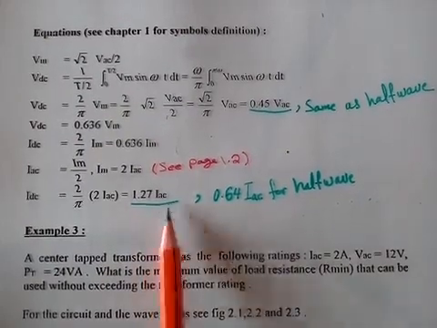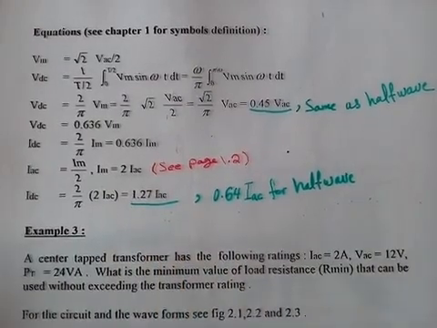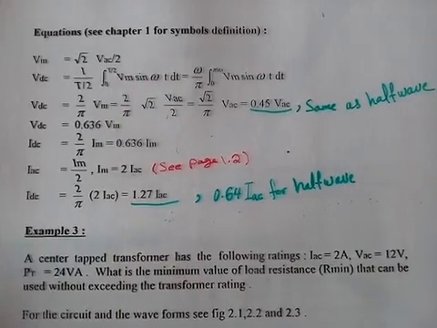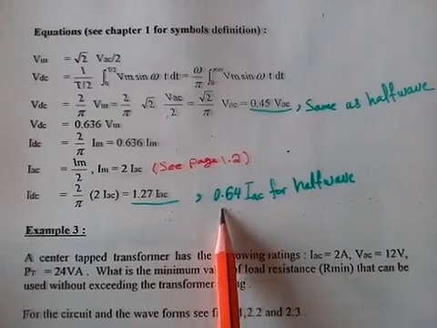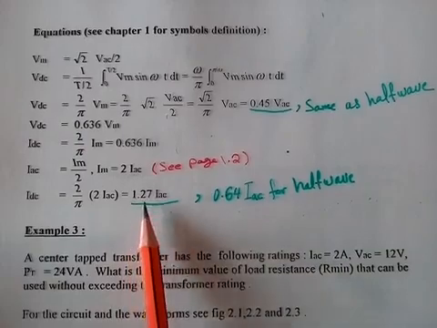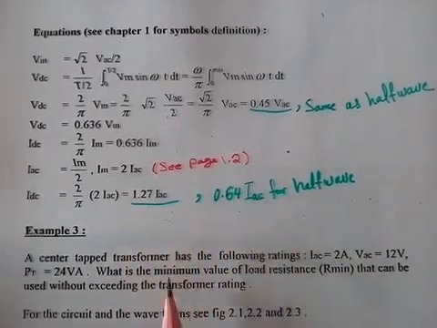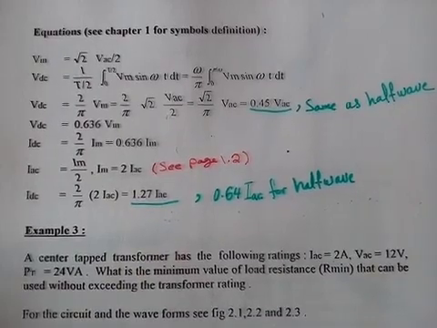And this is a high current, by the way. That's the merit of this type of power supply, that you are allowed to have much current through the load. Where what we have for the half-wave rectifier was only 0.64 of IAC. So what you have in here is double what we had for the half-wave. Okay, let's have an example.